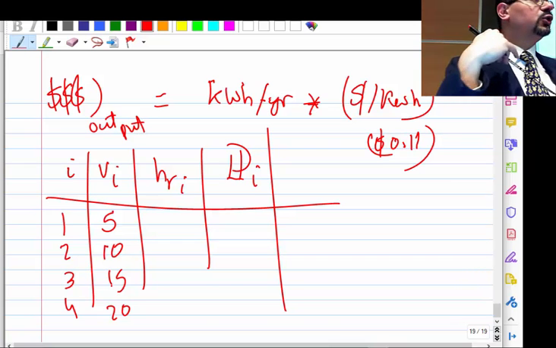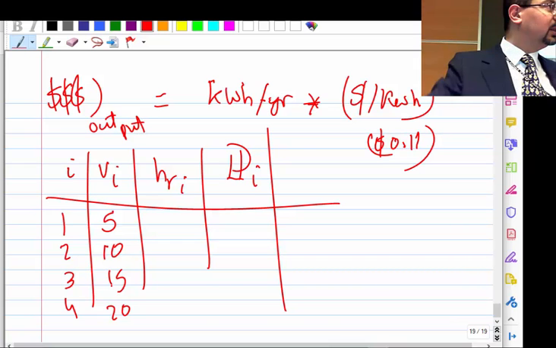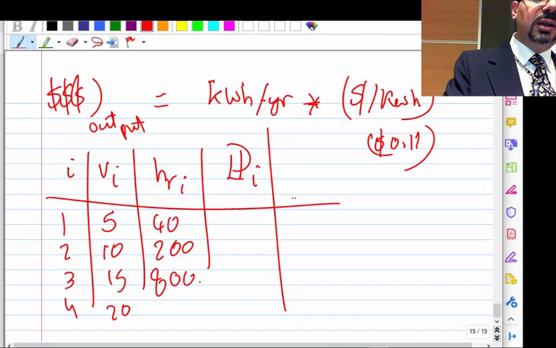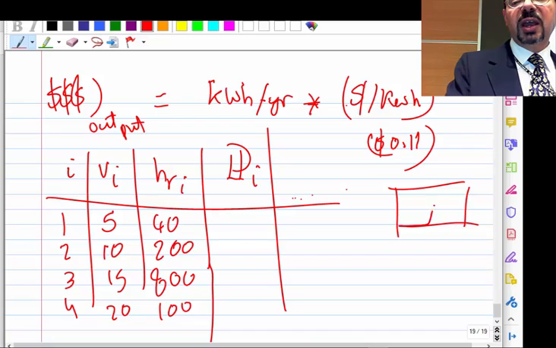Of course, there is advantage of making it super fine so that you can get the smooth distribution. But here it's like 40 hours, and here it's 200 hours, and here it's 800 hours, and here it's like 100 hours. For the power output, based on this graph, when you find those points, here the power is 0, and here the power is 50.